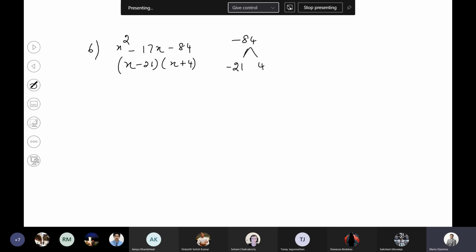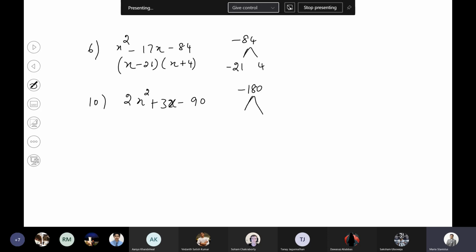If you look at other questions where you have coefficients, let's take question number 10. Here you have 2x square plus 3x minus 90. So in this question, how do we do it? 2 into 90 will become minus 180.